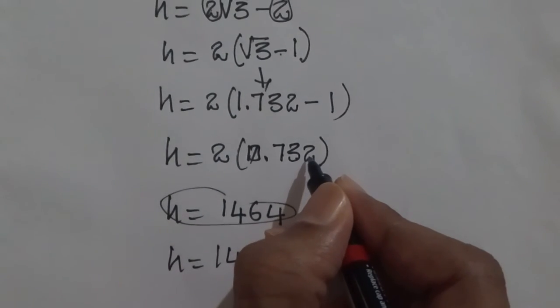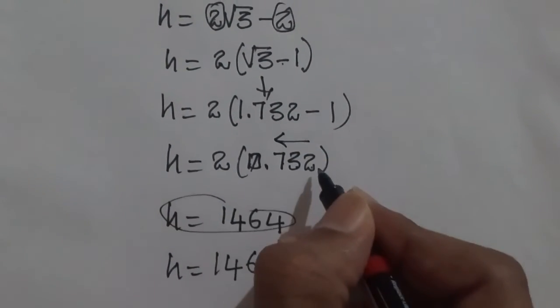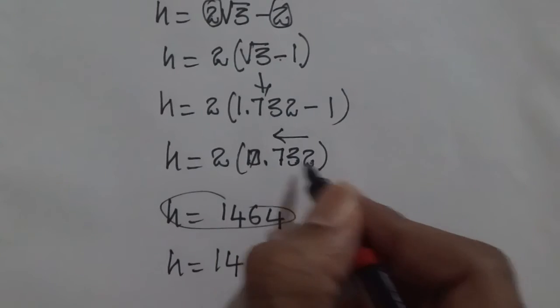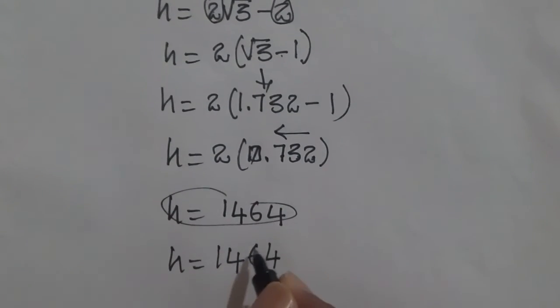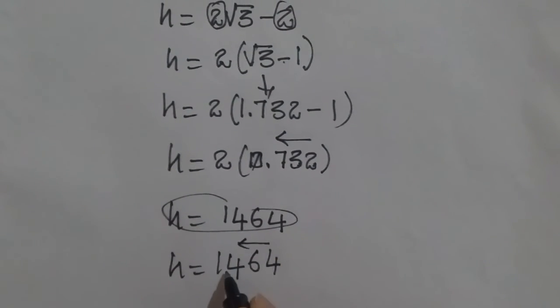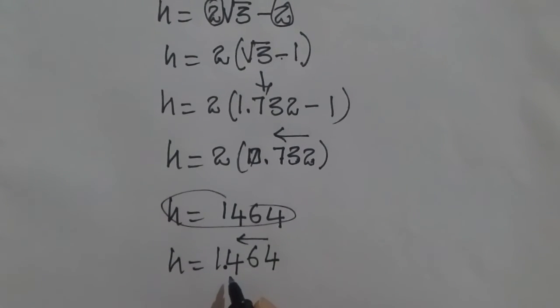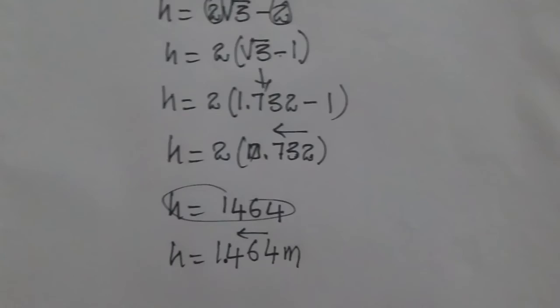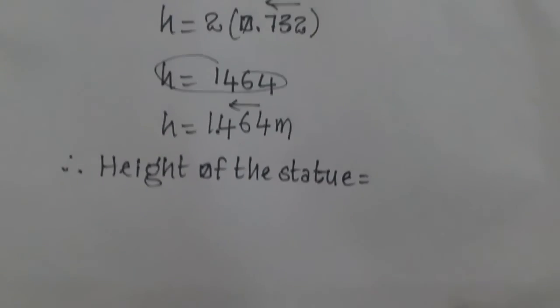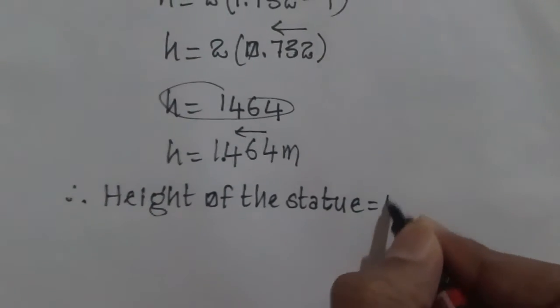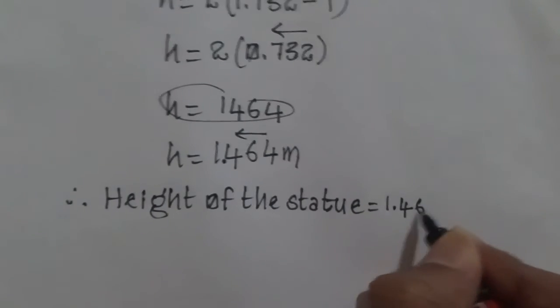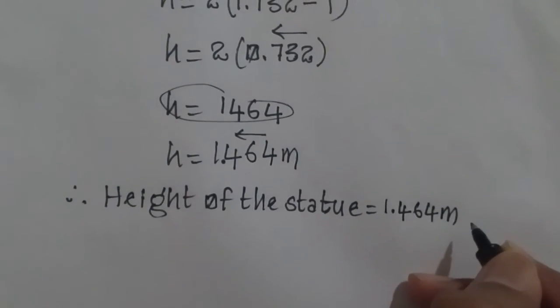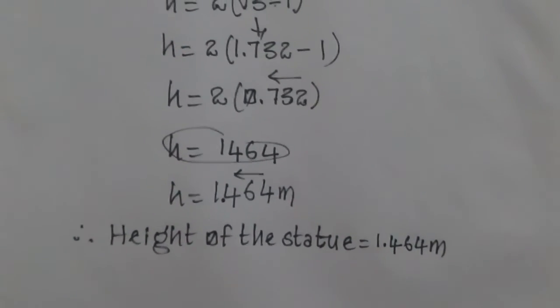Count from the last: 1, 2, 3 digits on the left side, and here also count 1, 2, 3 digits from the left side. Keep the decimal point there, 1.464 meters. Therefore the height of the statue h is equal to 1.464 meters. Hence we proved.